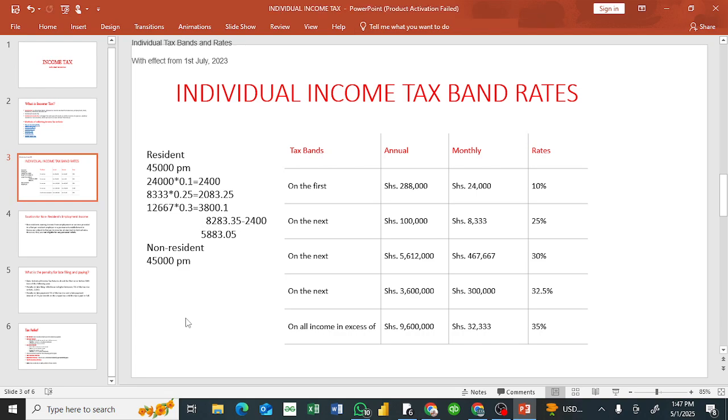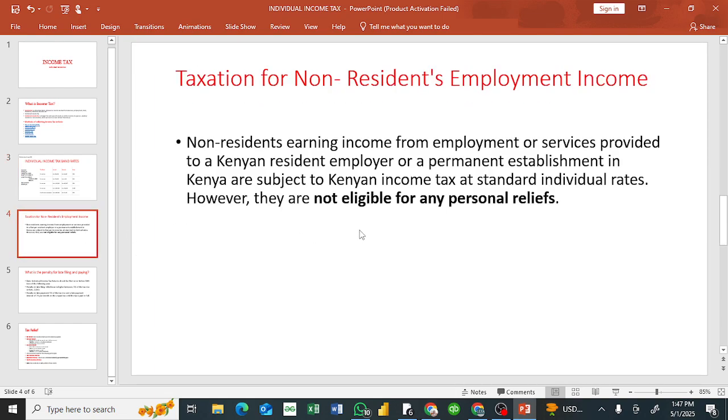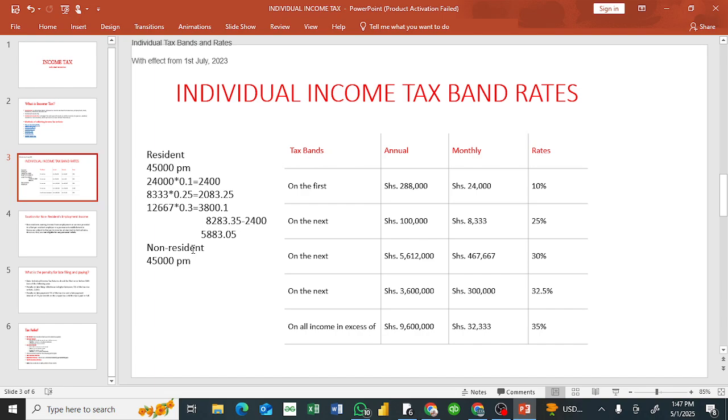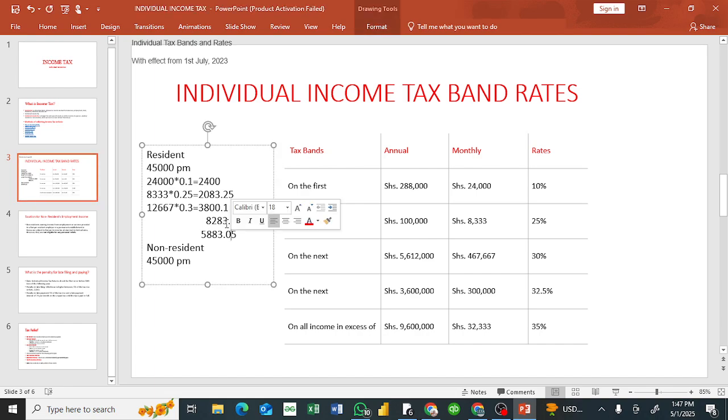We said that non-residents are not entitled to personal relief. So if John is a non-resident, this amount you add back 2,400 and get 8,283.35.